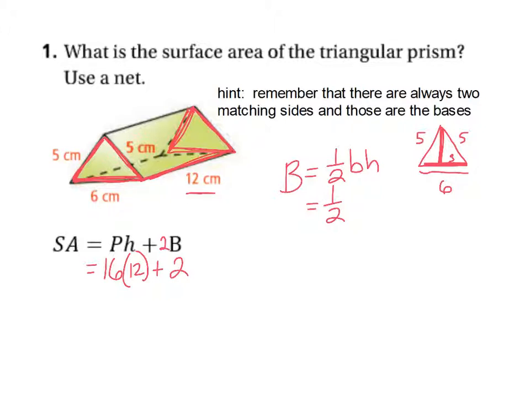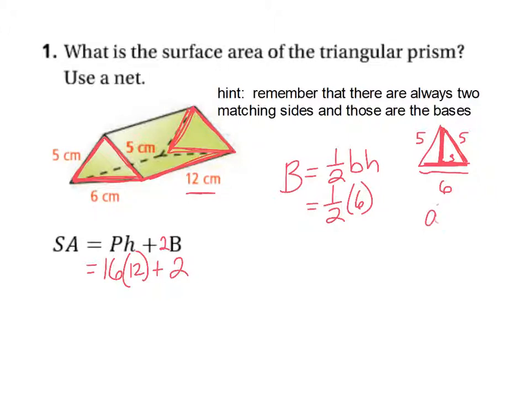Okay, so 1/2. The base, I talked about it, that's 6. The height, I'm going to have to work on. This is not a special right triangle, but I do know that this would be 3, and this is 5, and I could do a little Pythagorean theorem to find that height.